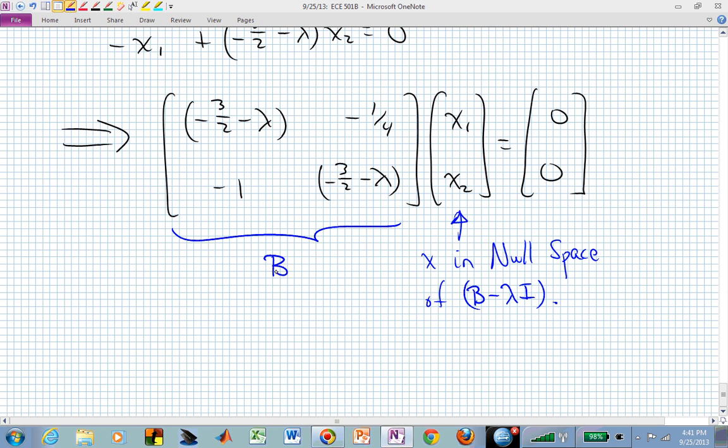This is B minus lambda times I, the identity matrix. That's another way of thinking about what we've just done or indicated. Or we could say x is an element of the null space of this matrix B minus lambda I.